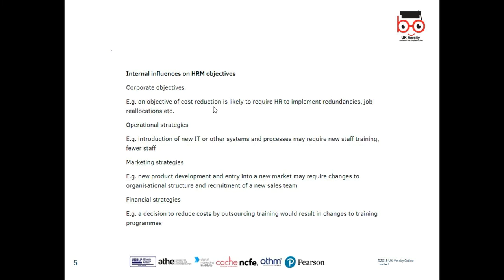Marketing strategies: when we have marketing strategies, we need to look around in terms of HR. That is an internal influence on human resources. If marketing strategies change, human resource requirements will change as well. Financial strategies: a decision to reduce the cost, like we mentioned in a few lessons in the previous unit. Nokia, now we don't have many people.